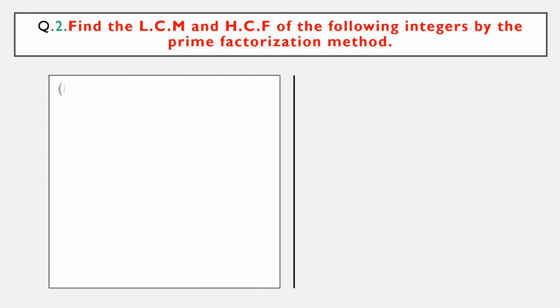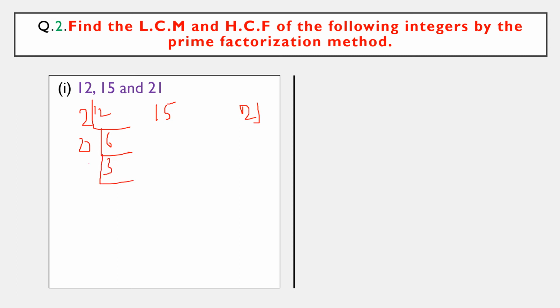that is 12, 15 and 21. Let me do the prime factorization for these three numbers. For 12, the last digit is 2, so I can take the 2 table. So 2 6s are 12, and 6 is also divisible by 2. So 2 3s are 6. 3 is a prime number, so it goes only in the 3 table.